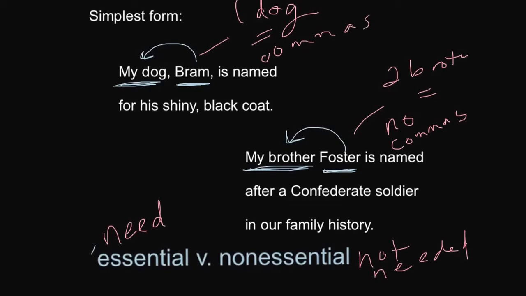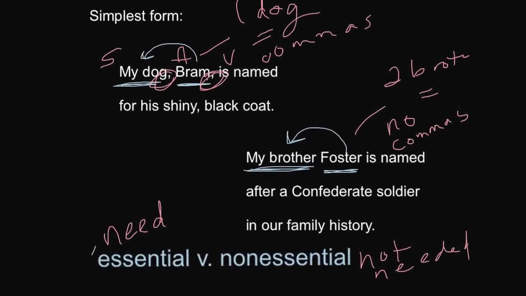I clearly write very messy on here, guys. I'm sorry. So here are the commas on either side because I have my subject here and my appositive here where it renames it. So since it comes second and there's the verb over here, the rest of my sentence, I have to have a comma on either side. Okay? That is the simplest form of appositives and the rule of essential versus non-essential.